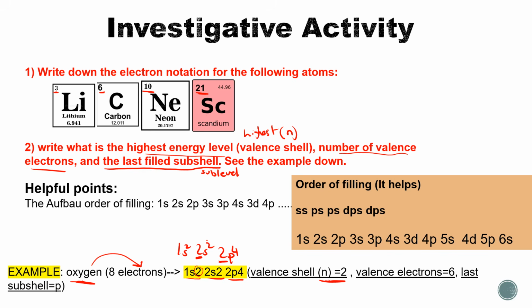The number of valence electrons is 2 plus 4, which is 6. And the last sublevel or subshell is p, as you can see here, right? It's the last letter. So I want you to do the same thing for lithium, carbon, neon, and scandium. You can stop the video here and come back when you finish.